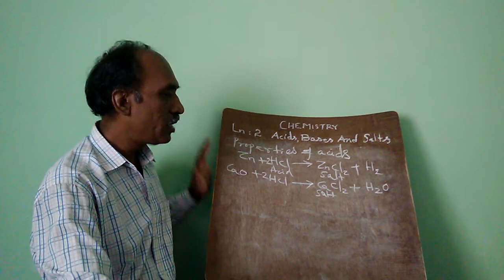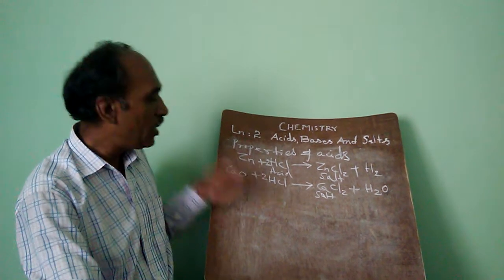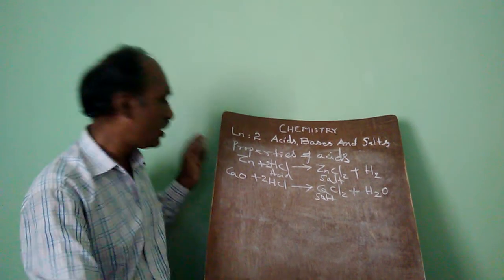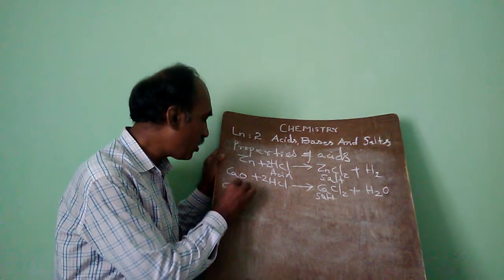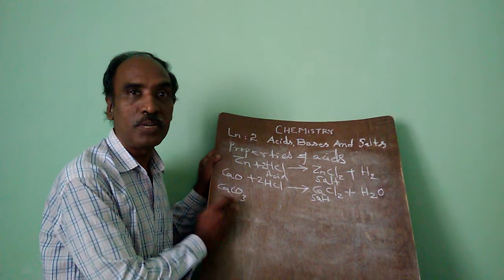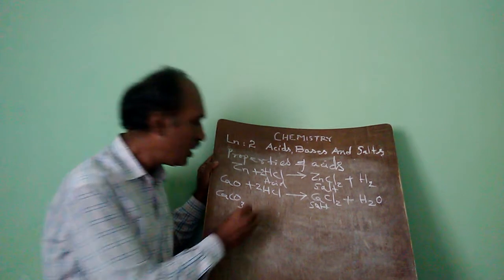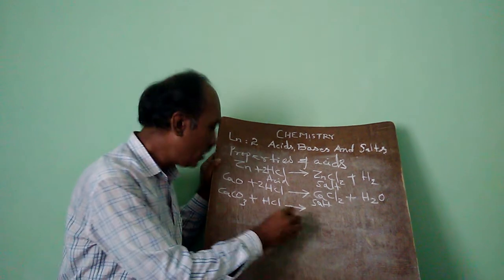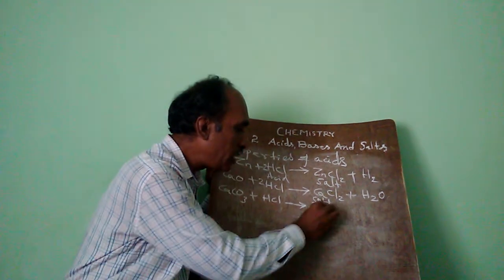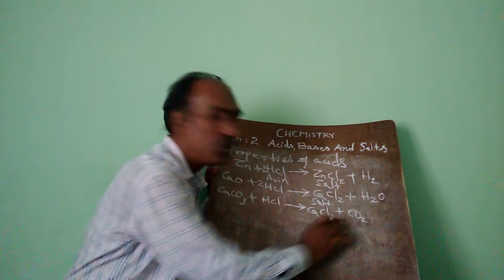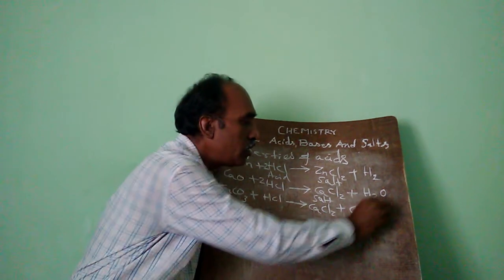Next, if the acid is treated with metal carbonates, for example calcium carbonate, this is a metal carbonate. If it is treated with HCl, it will give salt, that is calcium chloride, with the release of CO2 gas and water.